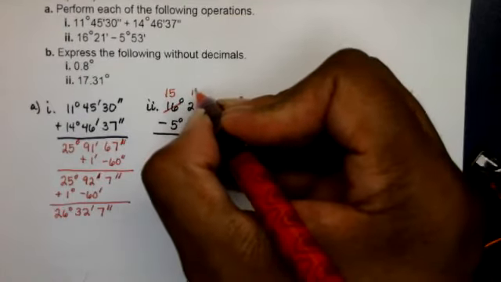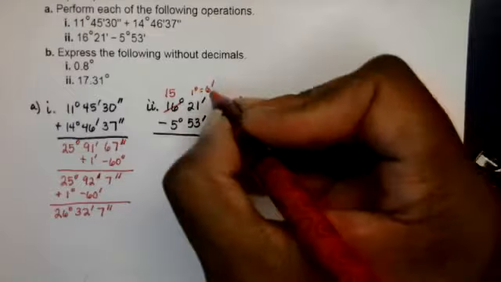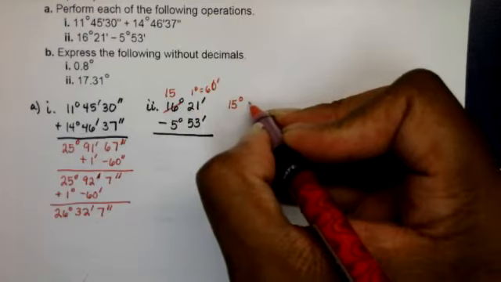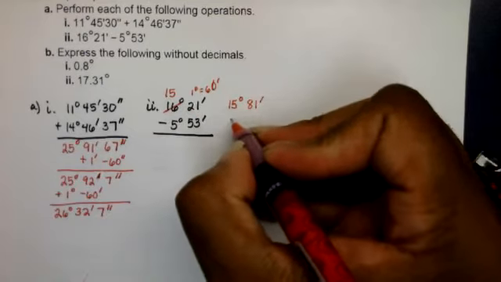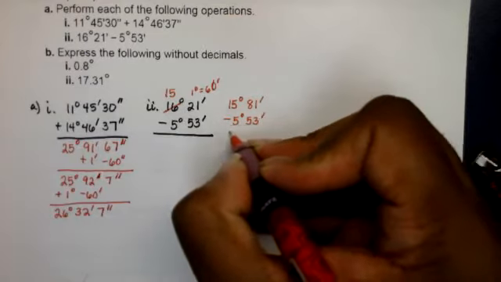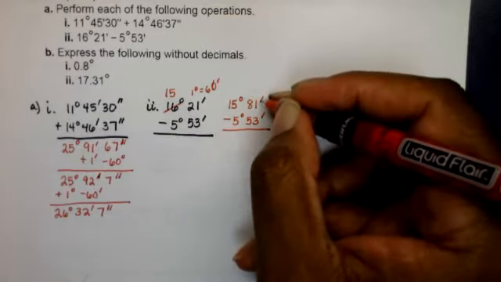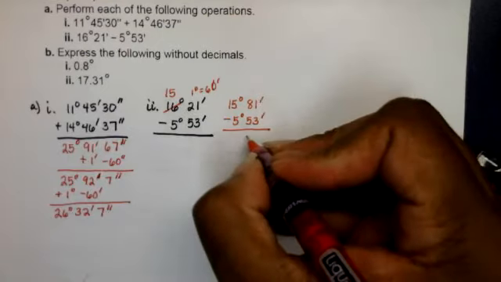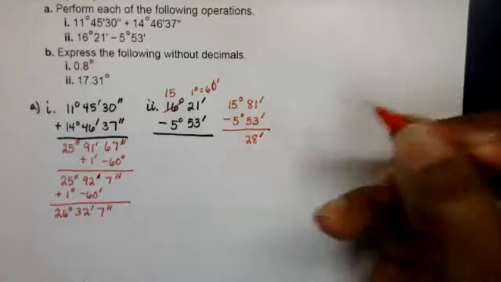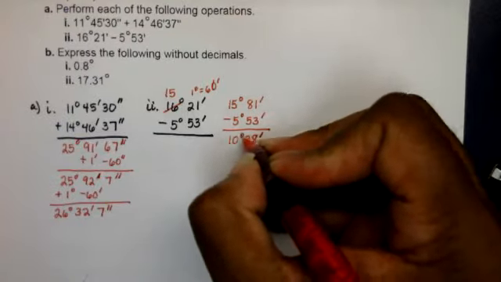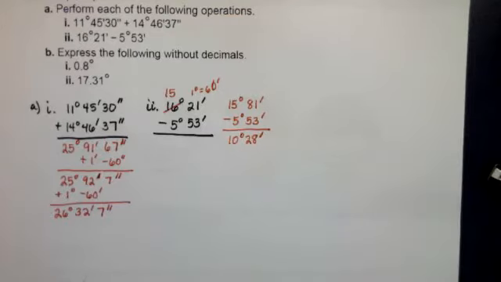And then that 1 degree gives me 60 minutes. So I add 60 minutes to the 21 minutes, that'll be 81 minutes. And now we can do the subtraction. 53 minutes from 81 minutes will be 28 minutes. And then 5 degrees from the 15 degrees will be 10 degrees. So the final answer there will be 10 degrees, 28 minutes.